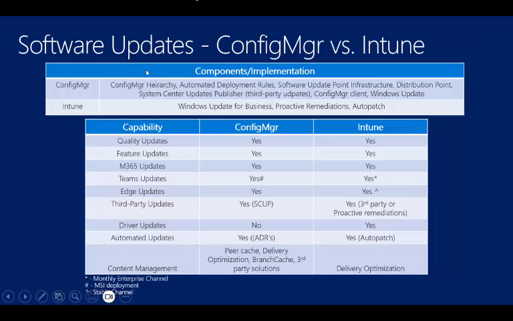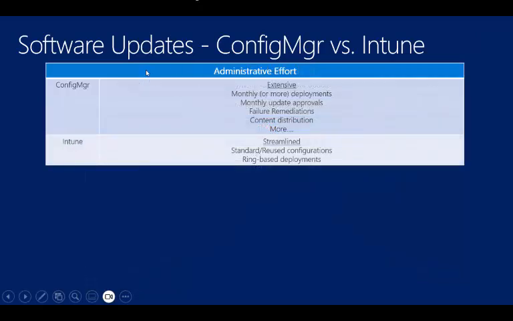Okay. So continuing on, in terms of administrative effort, I would absolutely peg CM as having the most administrative effort. Yes, there are tools that you can use to minimize that, but it is going to be monthly, routine, ongoing administrative effort, right? With Intune, it is something you're going to have to pay attention to, yes, but it's more streamlined than CM for sure. So the idea of being able to configure it in Intune, build your rings, right?